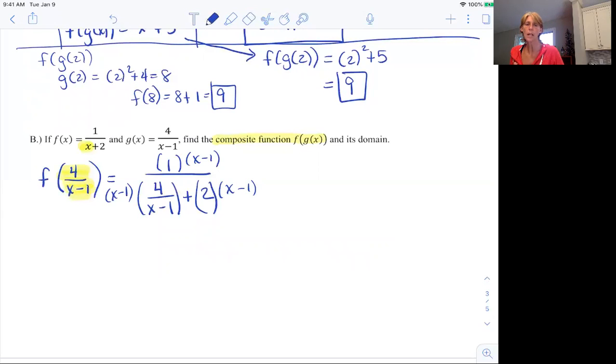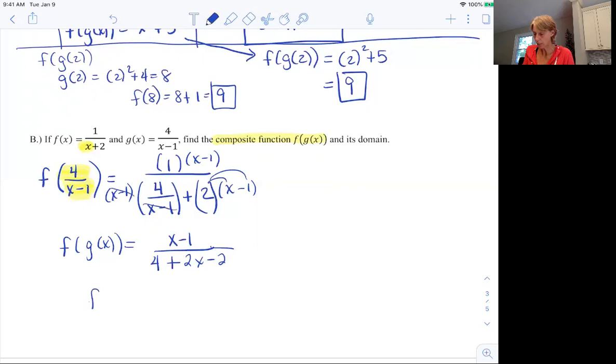And I'm a little sloppy. So f of g of x, in the numerator, I get x minus 1. In the denominator, my x minus 1's cancel, and I'm left with 4 plus 2x minus 2.